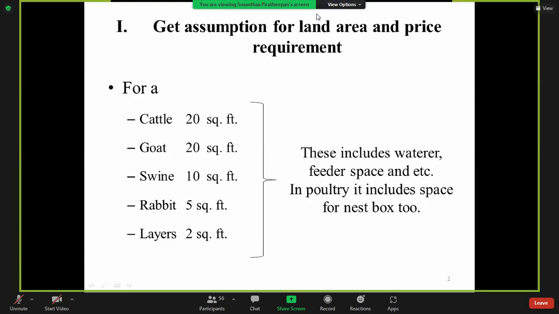So cattle 20 square feet, goat also 20 square feet, swine 10 square feet, rabbit 5 square feet, in layers, 2 square feet. So all these areas include some of the basic accessories and equipment like waterer, feeder, as well as nest box in case of poultry.